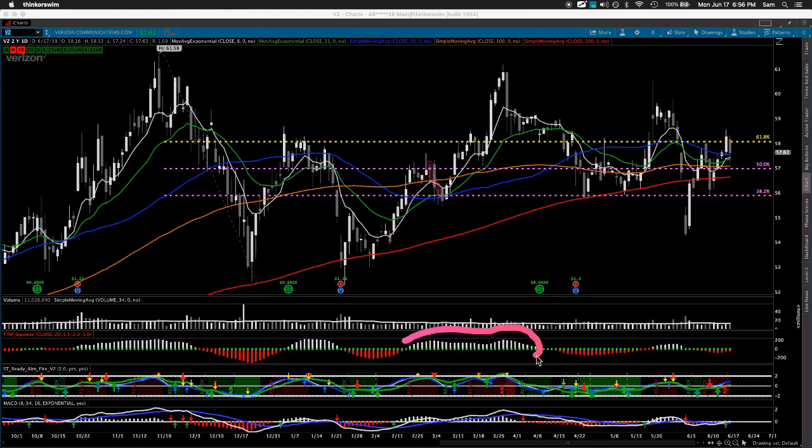You see the difference between this momentum peak and where we are now? Essentially this was a peak, cycle low, small peak, small low, and we are here. And that's the thought process behind Verizon.